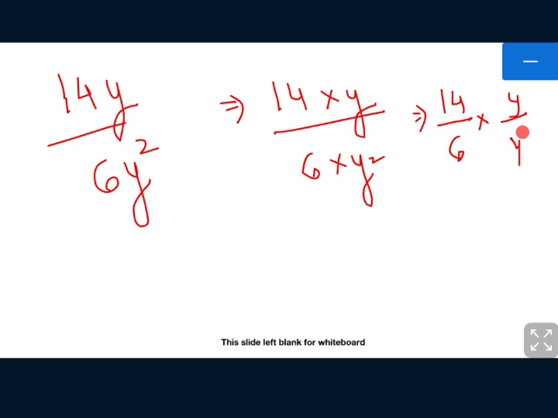You just have to separate it out like this. Is that clear? So 14 divided by 6 gives you 7 over 3, and y divided by y squared gives you 1 over y, which will give you 7 over 3y. Is that clear? Okay, so you just write this down.